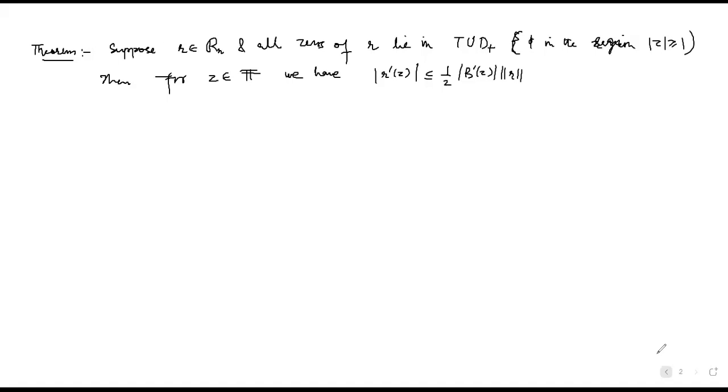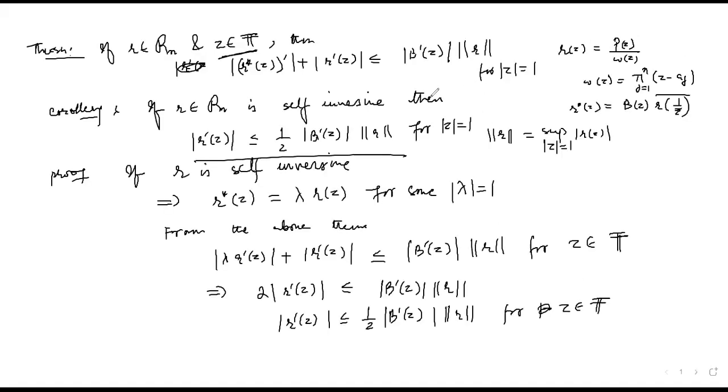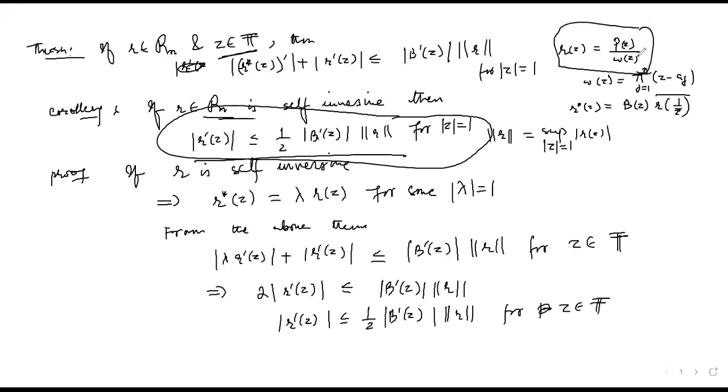If you look at this, it is the same conclusion as before, but there R is self-inversive and we are silent on whether the zeros are outside or inside. And remember, zeros of R are the same as zeros of P, because R would vanish if and only if P would vanish.